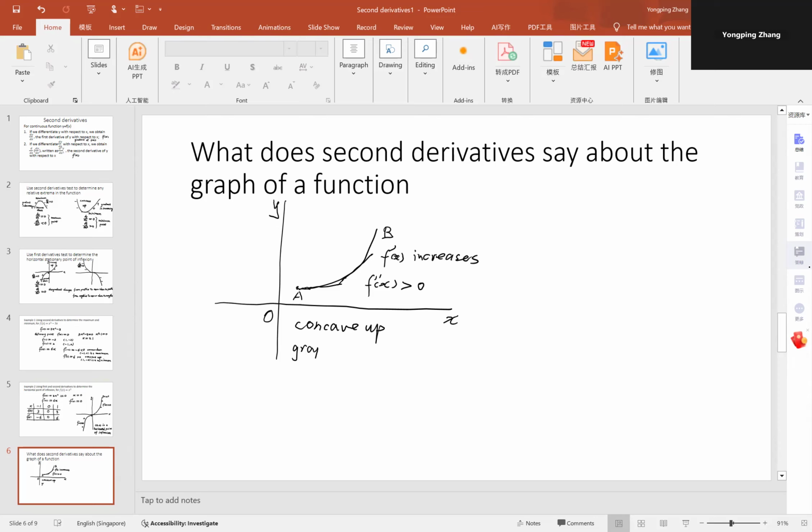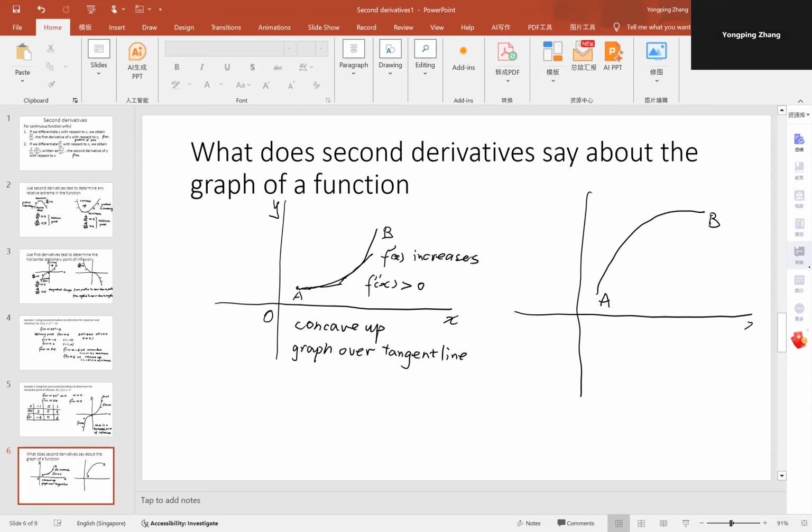The graph is over a tangent line. If we go from A to B in this curve x, y, the tangent line is here. The derivative decreases.